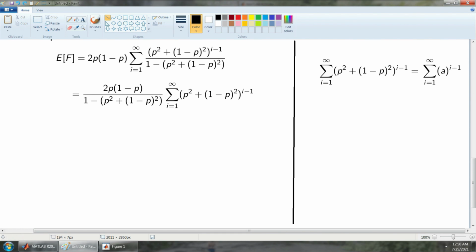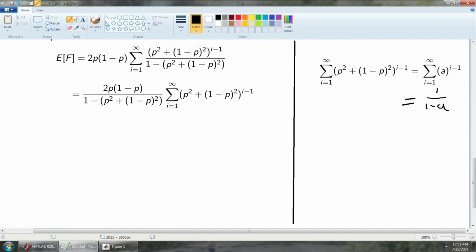Okay, so now I can use my formula for my geometric series, and I know that this will simply be equal to 1 all divided by 1 minus a. So you might say, why 1 minus a? I'm starting at i equals 1, not 0. Well, when I plug i equals 1 in here, this thing gives me 0. So essentially, this sum is the same thing as the sum from i equals 0 to infinity of a^i. Therefore, I can use this standard method here without doing anything special.